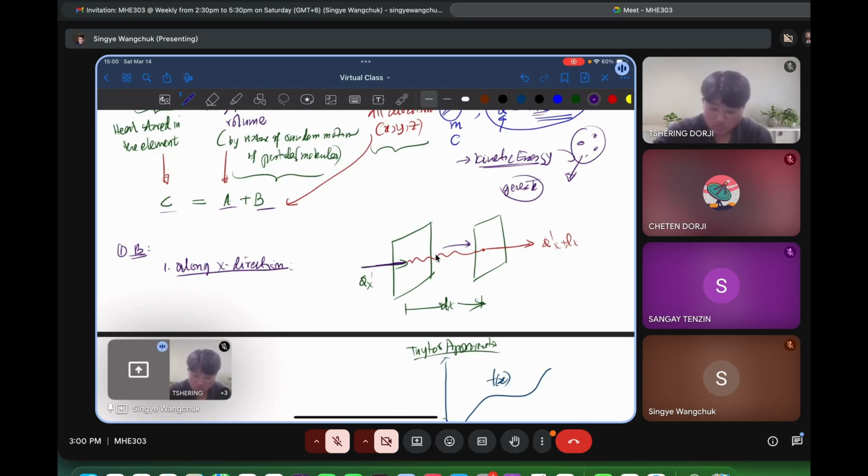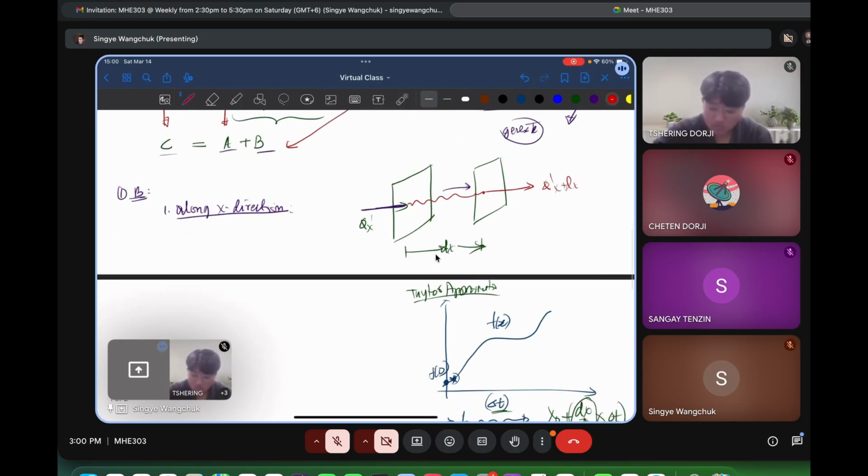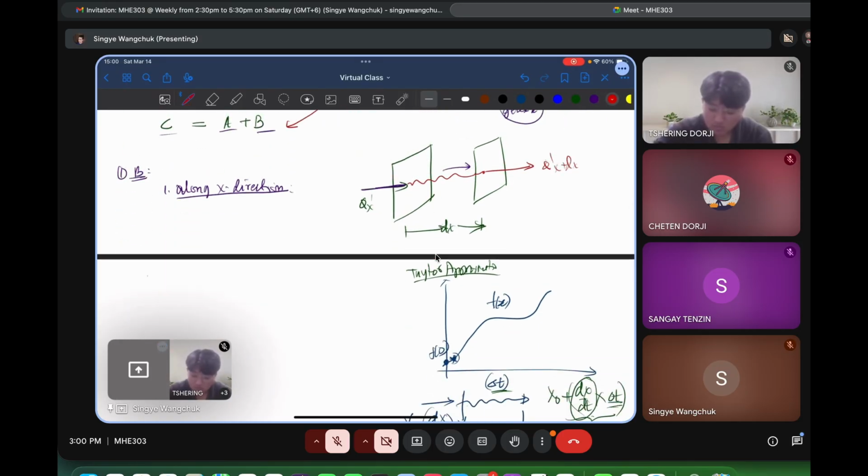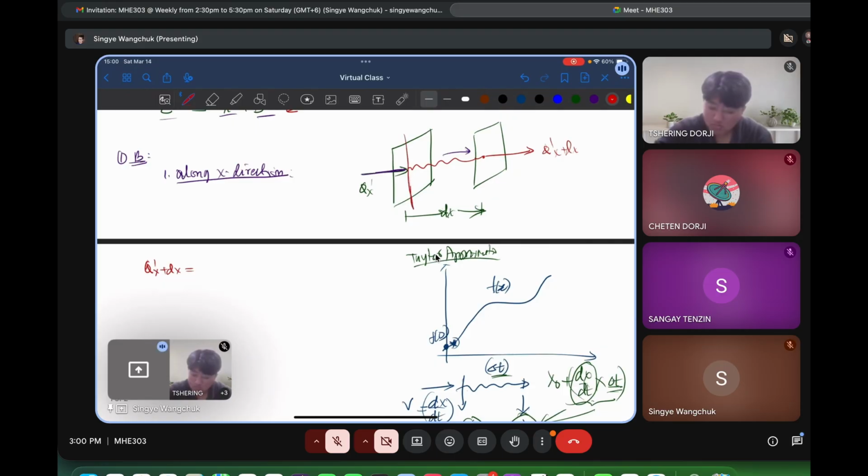So what I am saying is that my heat, which is q x dash plus dx, I'm using Taylor's function now.